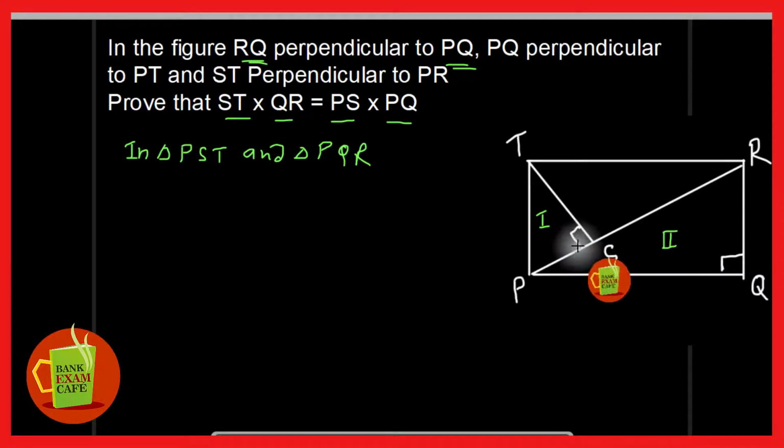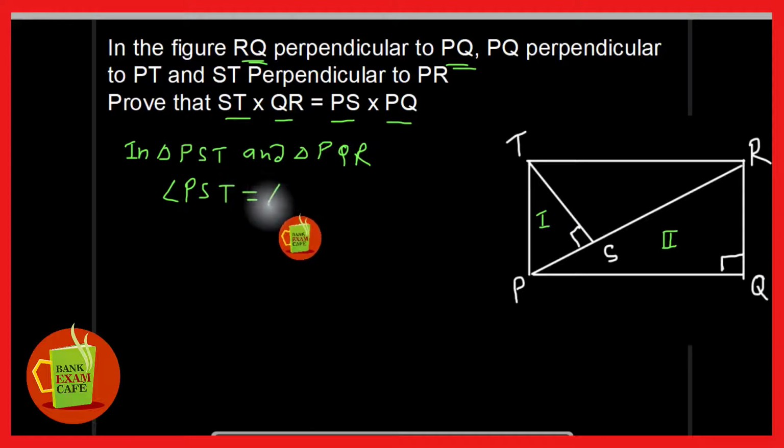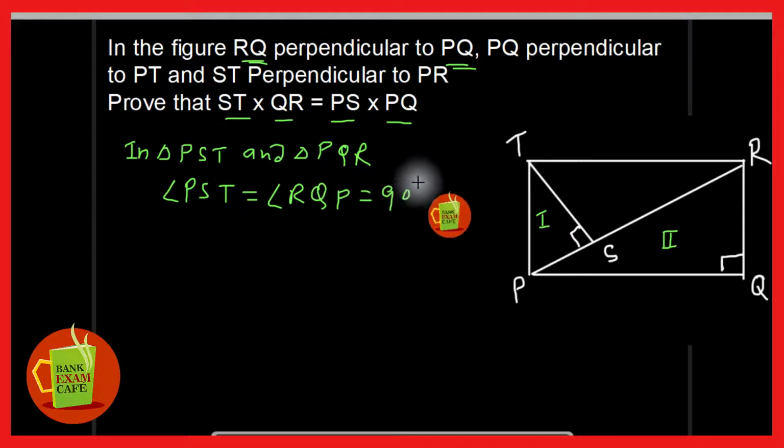We see that this angle S and this angle Q, these two angles are 90 degrees because TS is perpendicular to PR and RQ is perpendicular to PQ. So the first statement we can make is that angle PST is equal to angle RQP, each equal to 90 degrees, that is given.